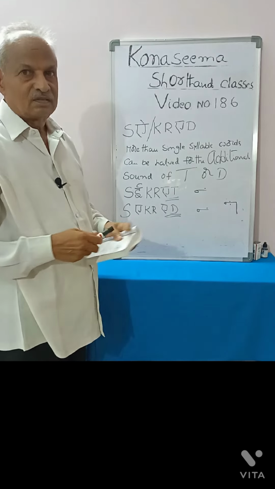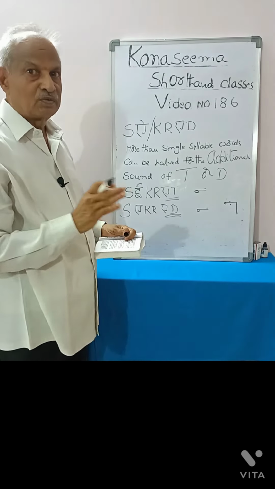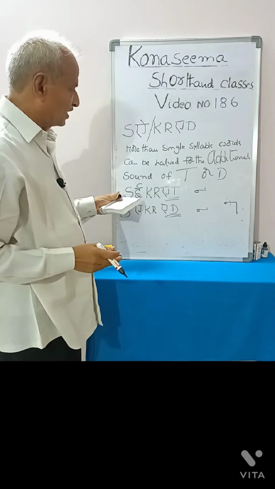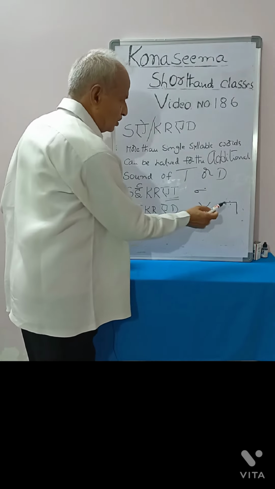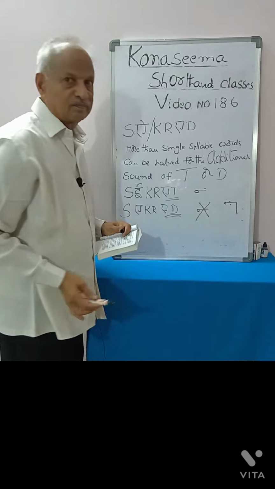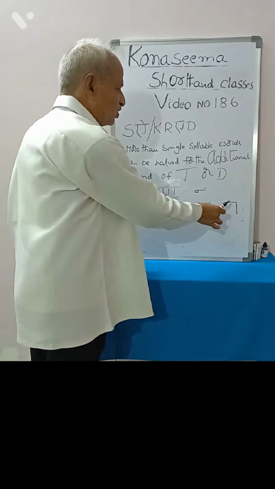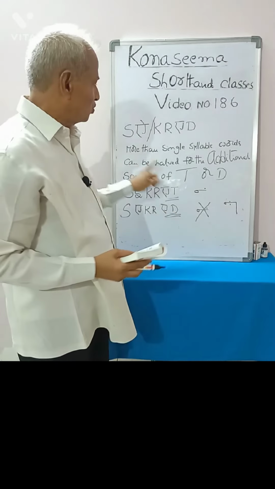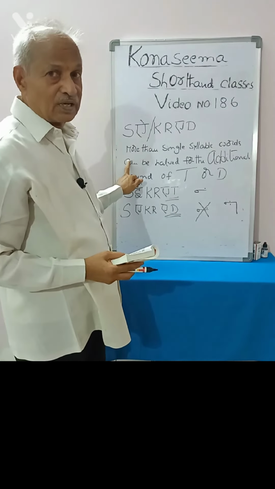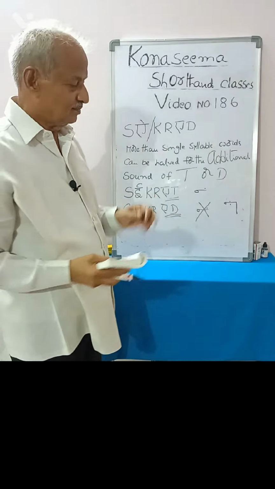But to have a distinction between secret and sacred, it is advised to write D in full. Secret, sacred. We should not write like this, though the rule is there to write either T or D.